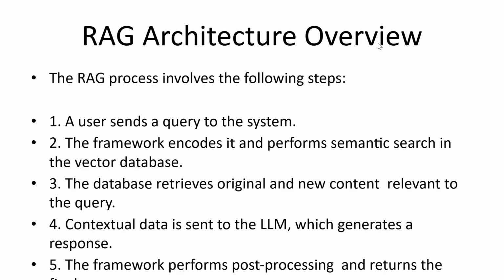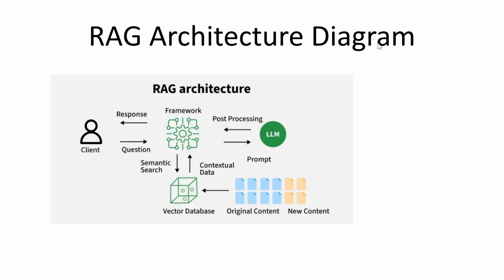Then the framework performs post-processing and gives the final answer. This is a simple architecture of RAG, where I have mentioned the components: framework, post-processing, vector database, and LLM. So it is a flow.